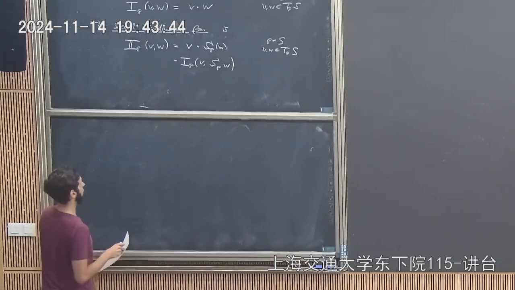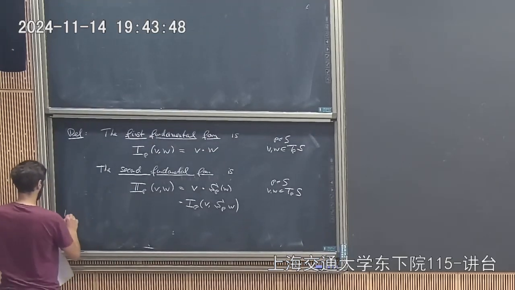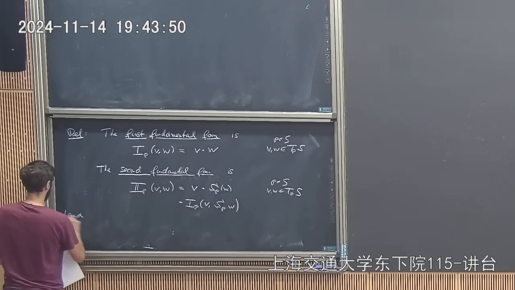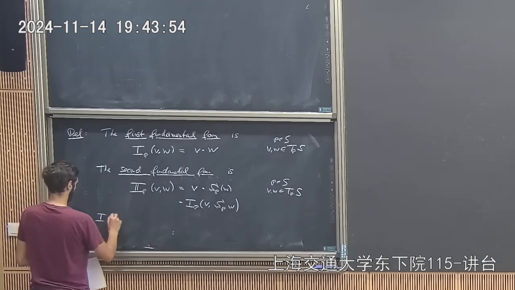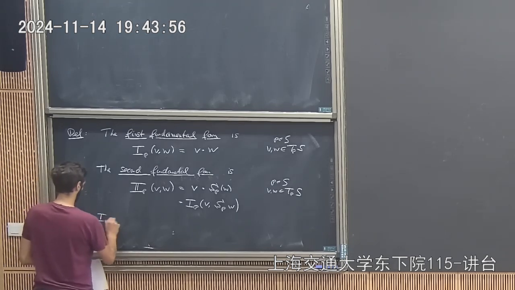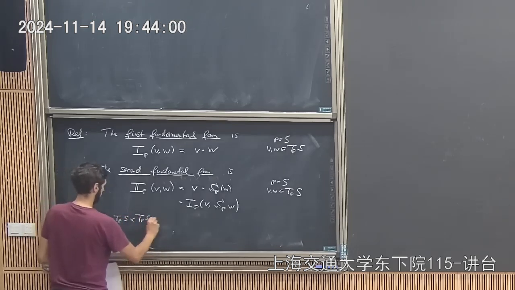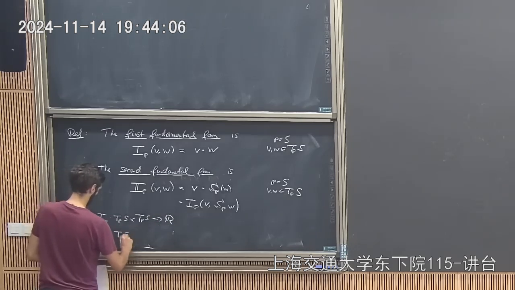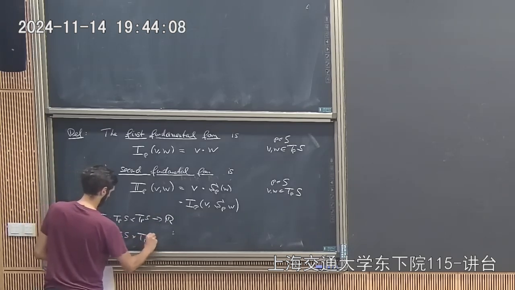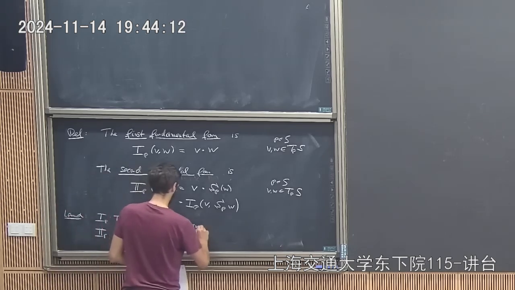Maybe for now I recall it, but I don't want to give the proof now. Maybe at some point I will do that. We have the following lemma, namely that these maps from TpS cross TpS into R are symmetric.